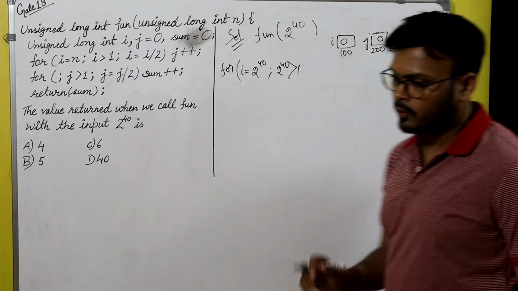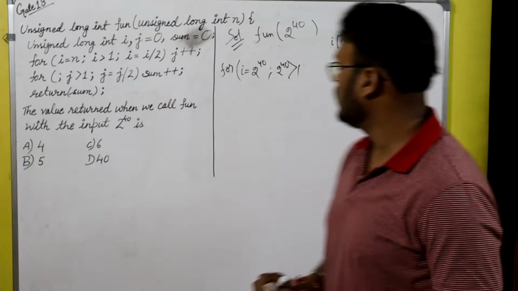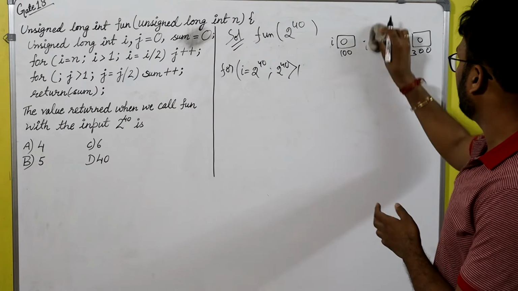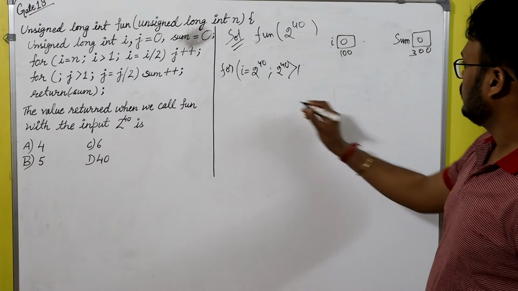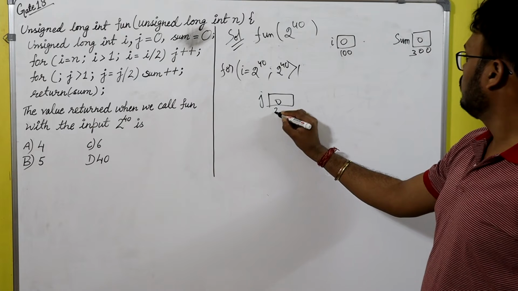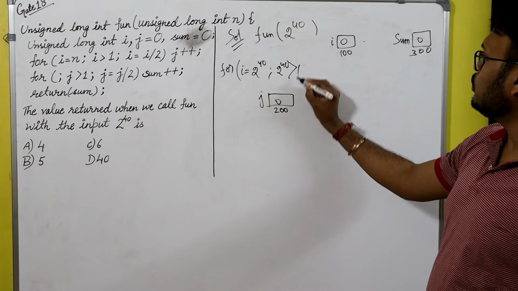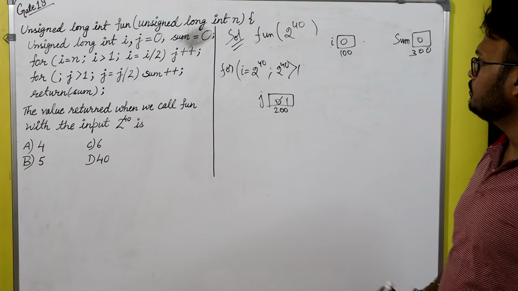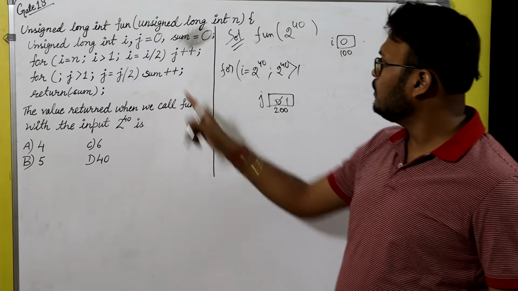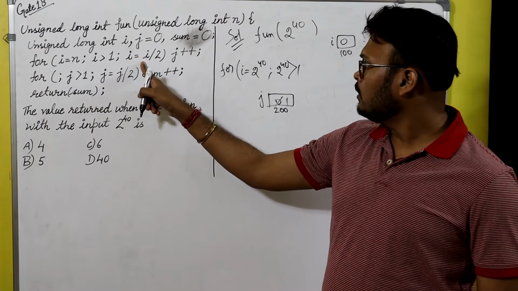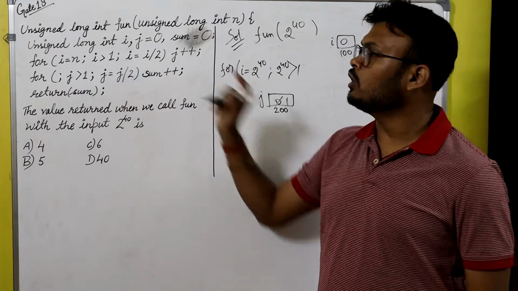So I should write it here. The j value was initially 0, and since it's a true statement, the j value will get incremented by 1. After that, this part will be executed: i is equal to i by 2.